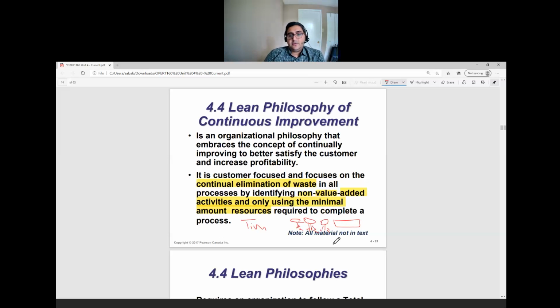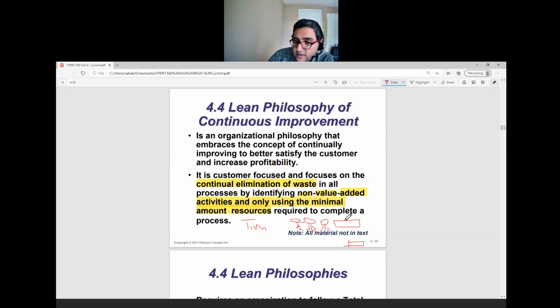But think of this. You entered a place, and assume that there are 5 or 6 people standing in front of you and there is a single counter at which you can go, you're wasting your time. So if I'm looking at this particular process from a lean philosophy, how will I improve satisfaction for my customer?